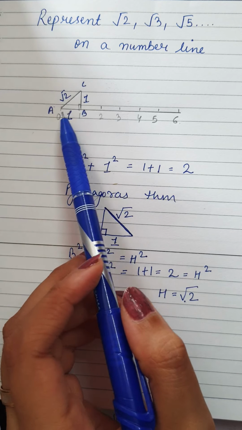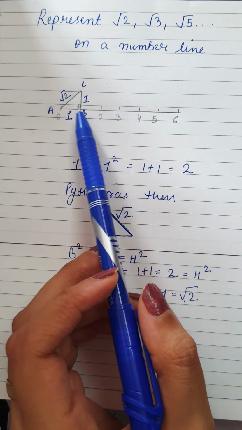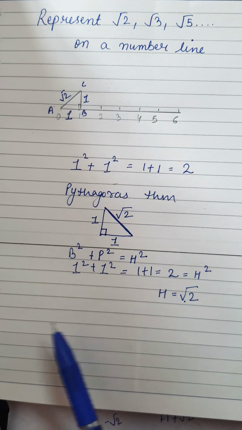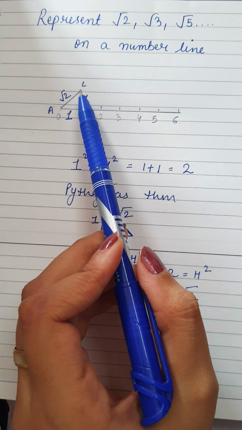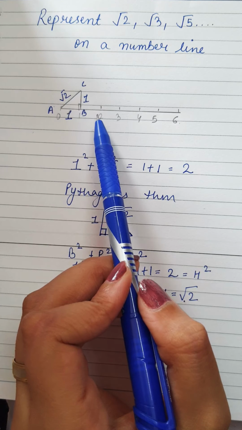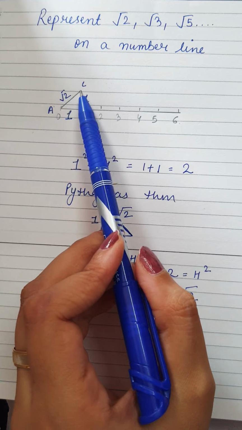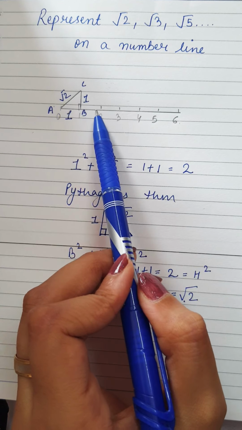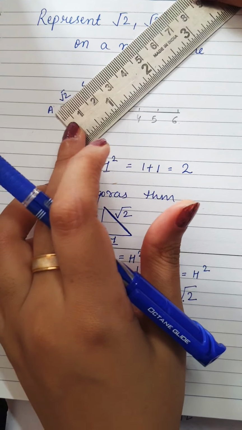Now AB is 1, BC is 1. So AC will be root 2 according to this theory. Then we had to represent root 2 on this number line. This is not the number line. So we will measure this distance and mark on the number line. So let's see how much it is.